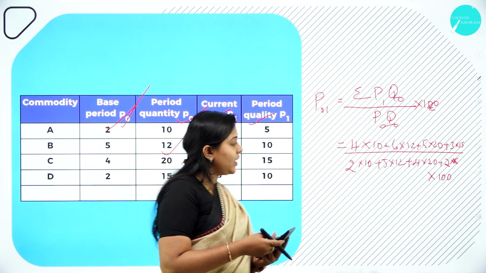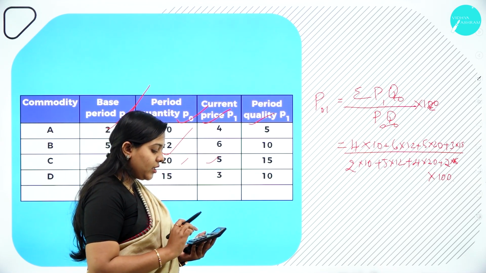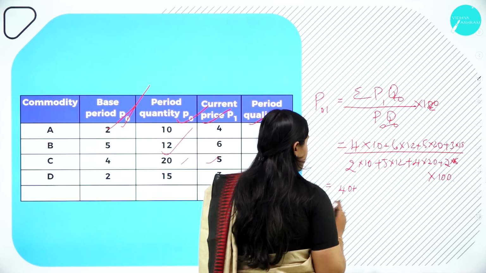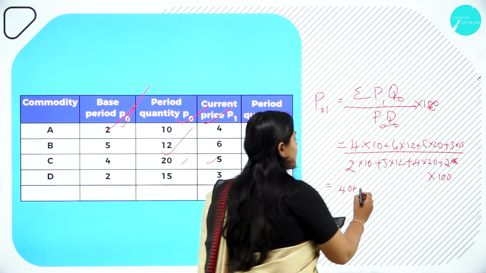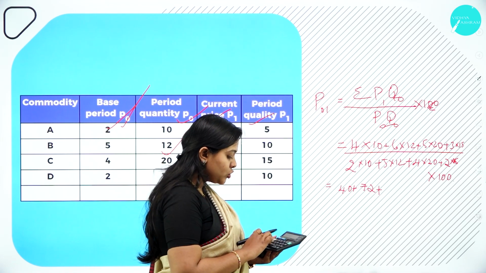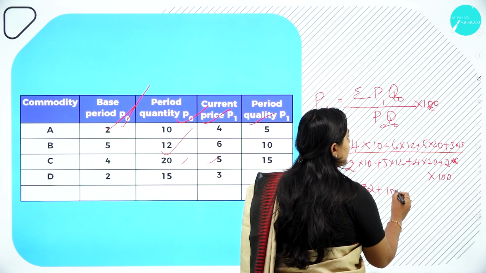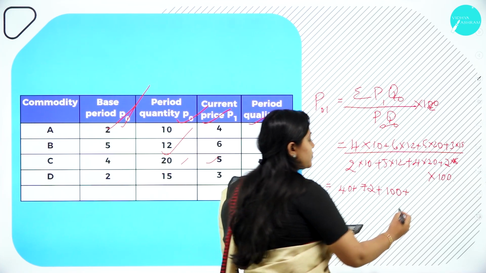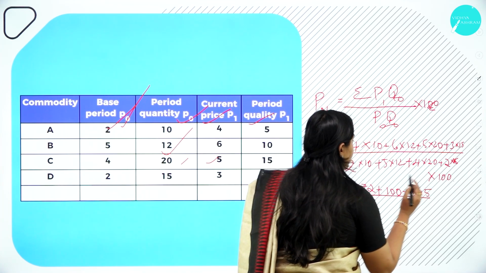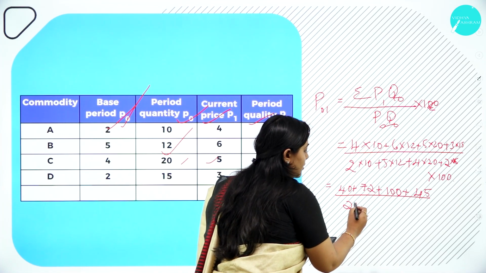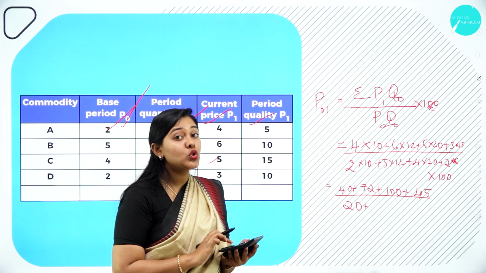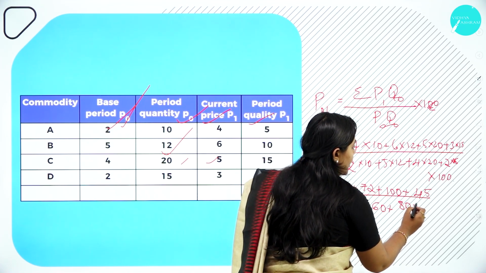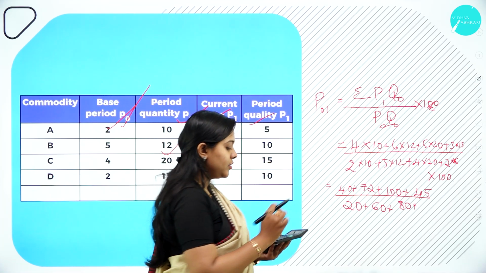Let's use the calculator. 4 into 10 is 40, plus 6 into 12 is 72, 5 into 20 is 100, plus 3 into 15 is 45, divided by 20 plus 5 into 12 is 60, 4 into 20 is 80, plus 2 into 15 is 30.